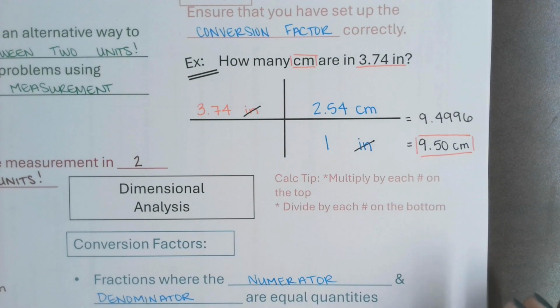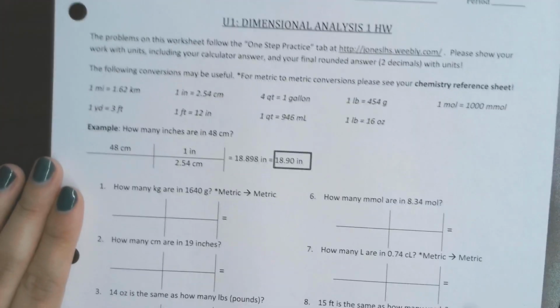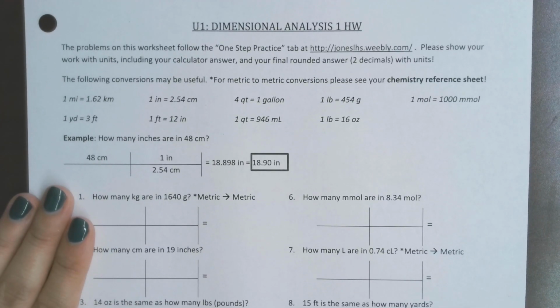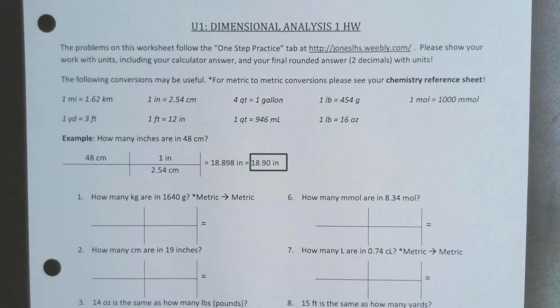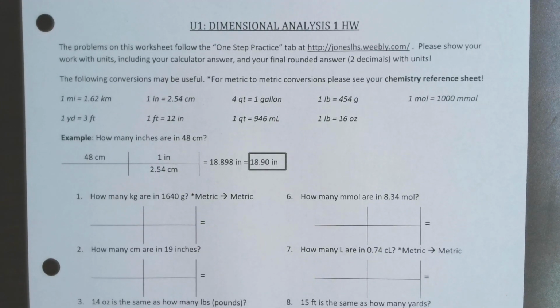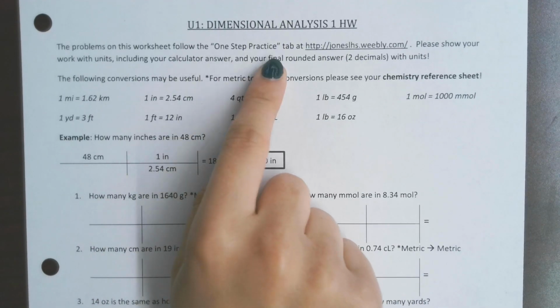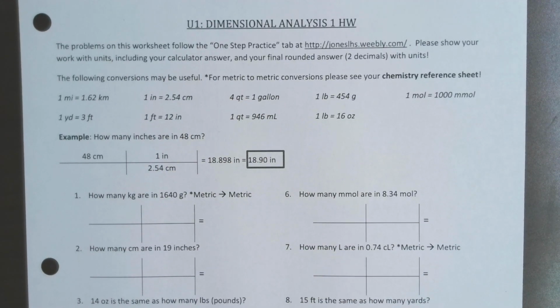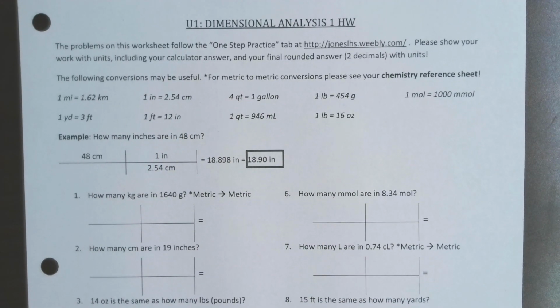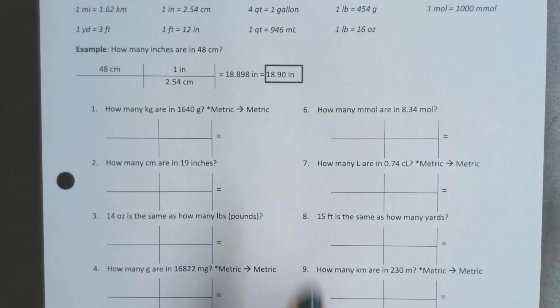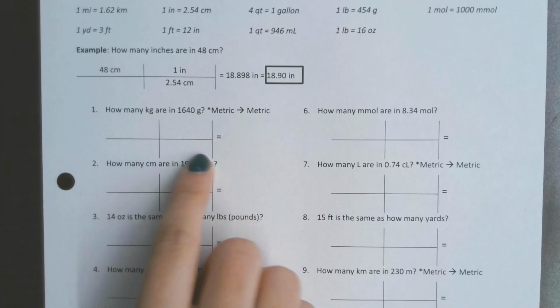What you're going to be doing, first of all, make sure that you grab this worksheet. This is what is due on Monday when I see you. On this worksheet, you are doing only one-step practice. When you're doing one-step practice, there's only one conversion factor for each thing.